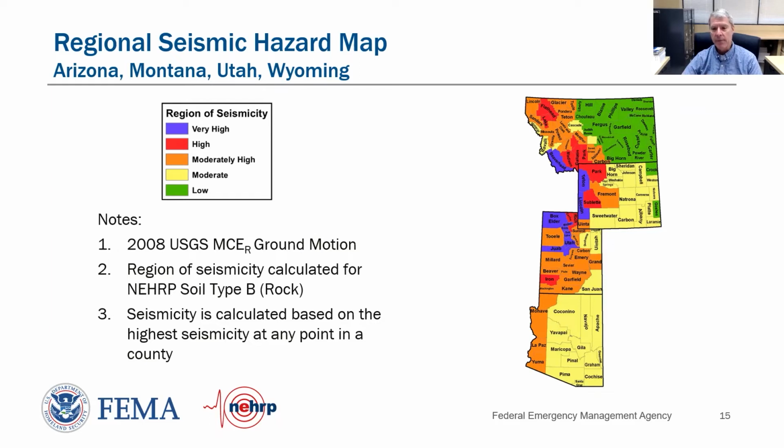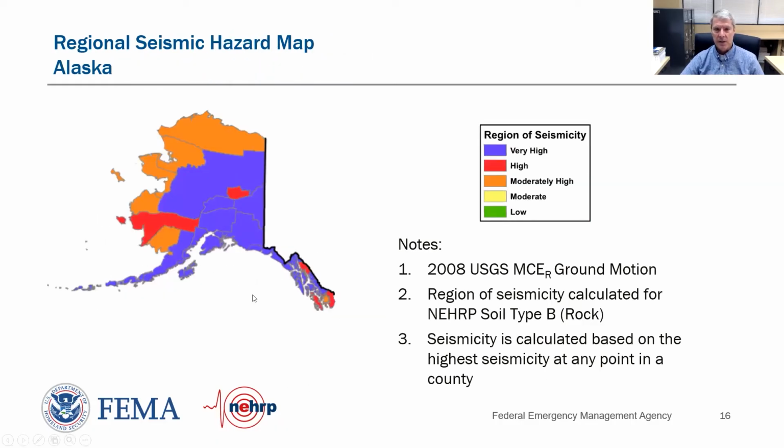And so that's why I prefer to look at the second method, which is going directly to getting the ground motion values and then comparing them to the table within the P-154 document to see where we land in terms of the actual seismicity and thereby the form.